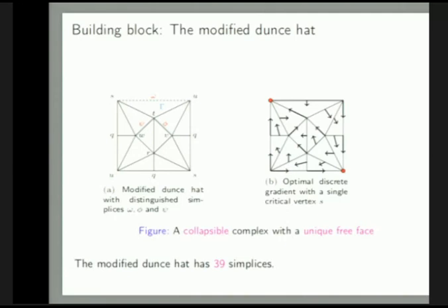This has the property that it has a unique free face, and it's also collapsible. It's collapsible because, as you can see, the optimal gradient vector field has just one critical simplex, S. What's also nice is that this particular triangulation of the modified dunce hat has 39 simplices, and it is shown via some experiments in other papers that any such complex that is collapsible and has a unique free face will have at least this many simplices.